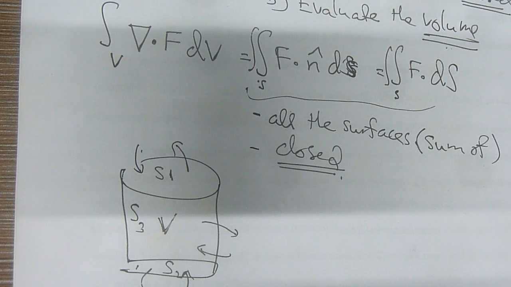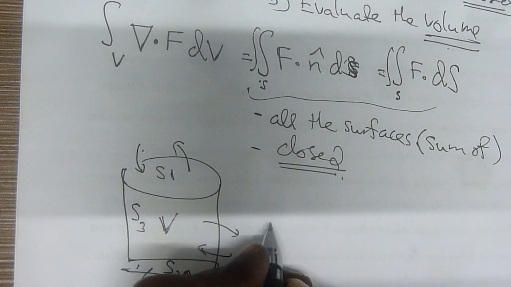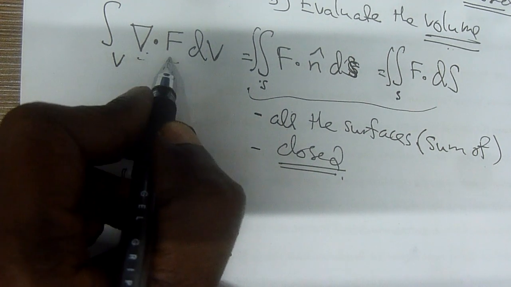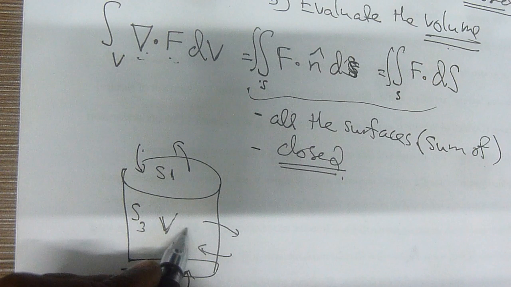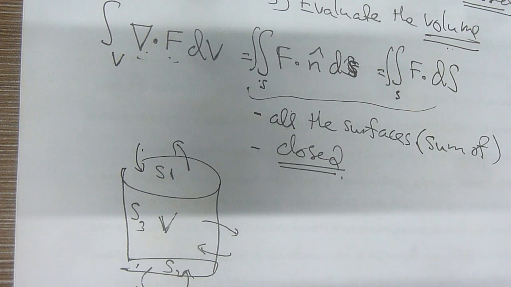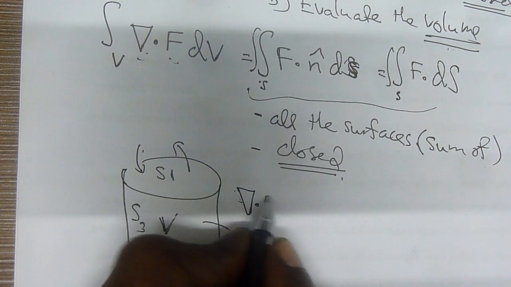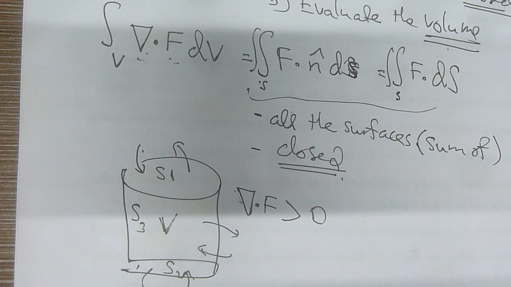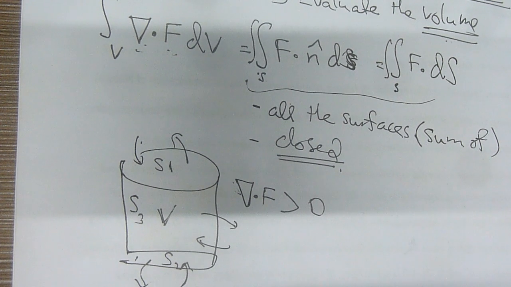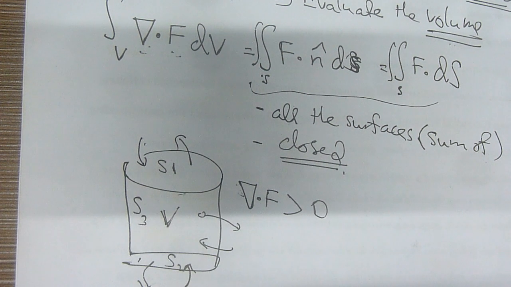The flow can be negative or positive, it doesn't matter, as long as we are talking about going in and going out. But most of the time, what we are interested in is not what is going in, but what is coming out. In engineering questions, we are interested in the flow out, the expansion at that particular point. We want to see more things coming out.